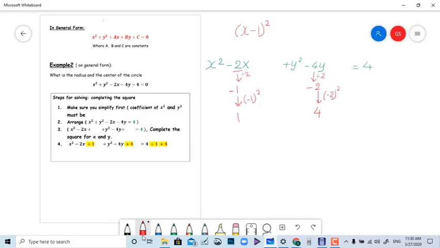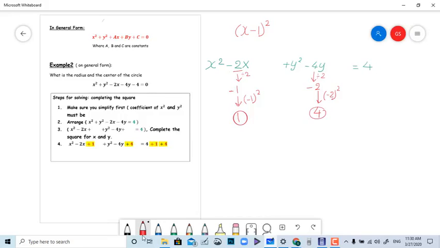What am I going to do with this 1 and this 4? I'm going to take the 1 and the 4 and put them after the equal sign. As I added them here, I'm going to still add them here.